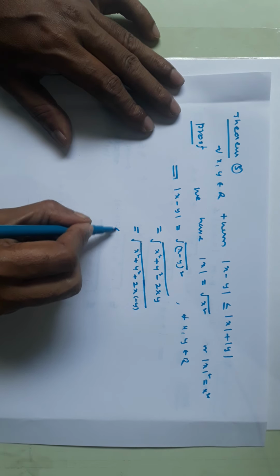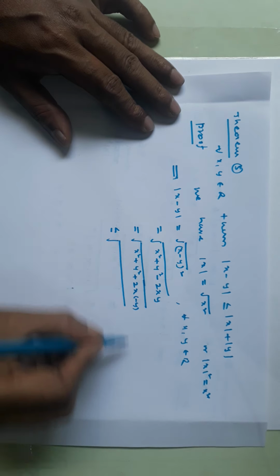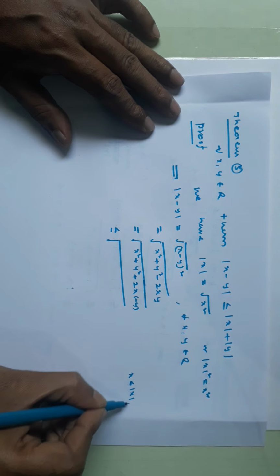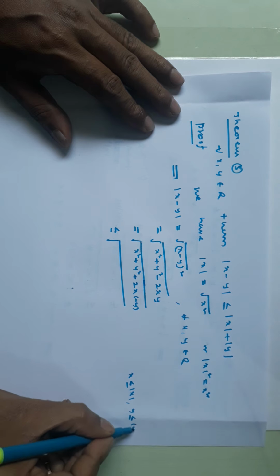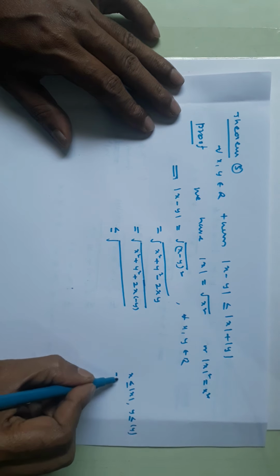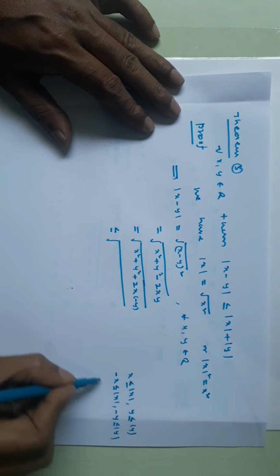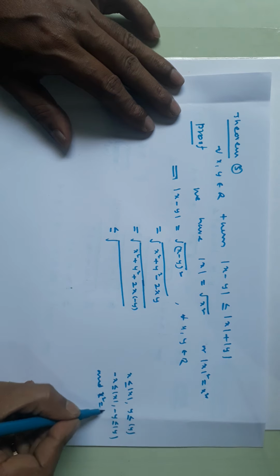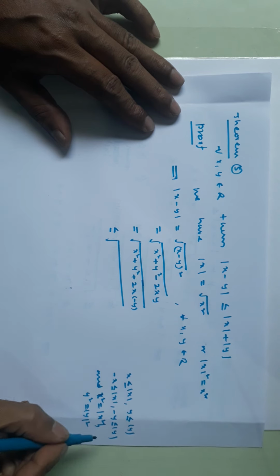So now, by using the properties of modulus of real numbers, as x is less than or equal to mod x, y is less than or equal to mod y, even minus x is also less than or equal to mod x, minus y is less than or equal to mod y, and x square is equal to mod x square, y square is equal to mod y square. So all these are true.